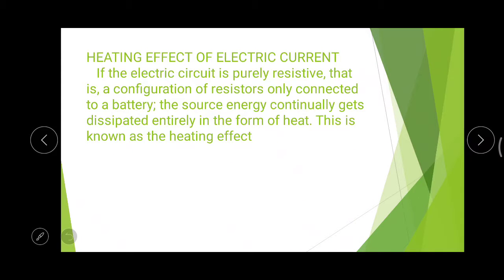Now let us come to the heating effect of the electric current. Suppose you are using the television for a long time, and after turning off the television, if you touch the back side, you can see that the body of the television is a little bit heated up.